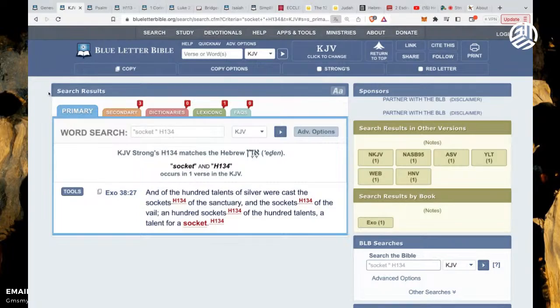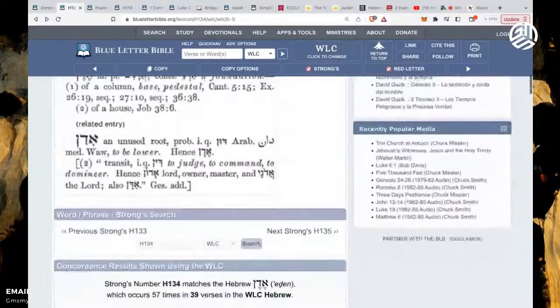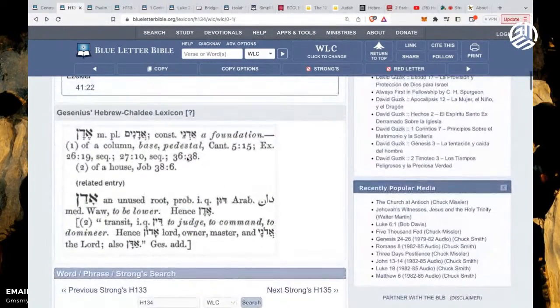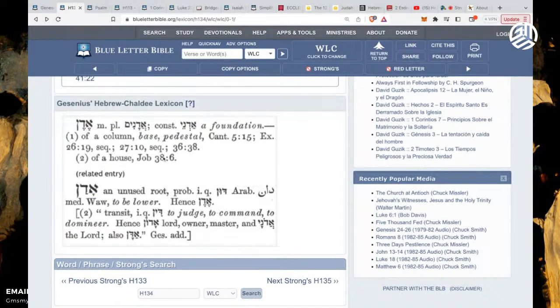It says it only comes up one time. Let's get the translation here. Oh, here we go. Hebrew Chaldee Lexicon. It says a foundation. Adon, in the masculine. It's a masculine noun. It says foundation of a column, base, pedestal. For example, the foundation of a house.